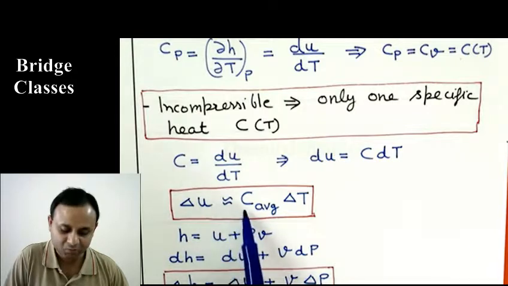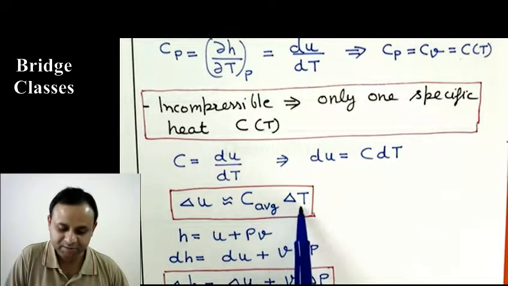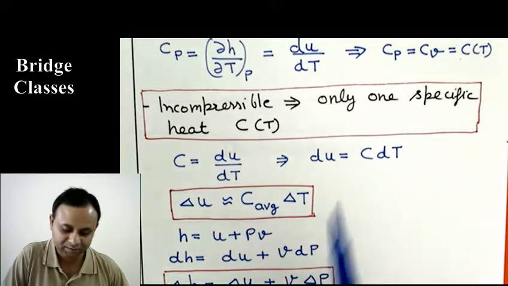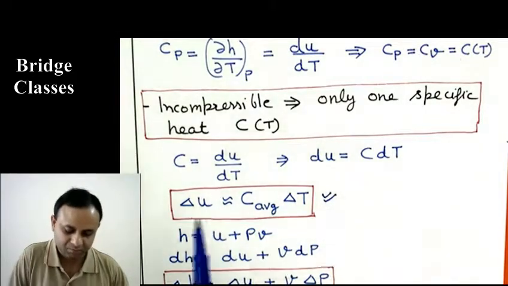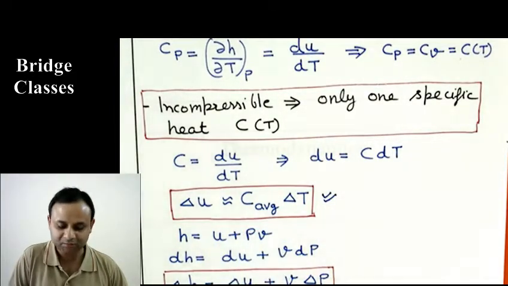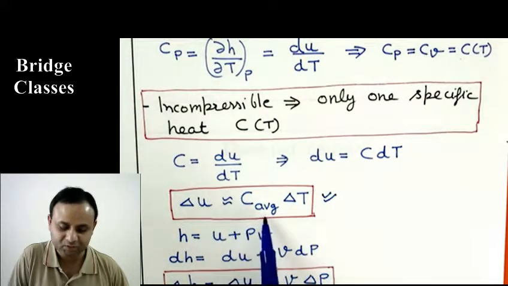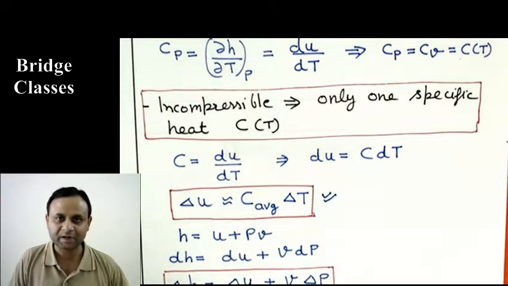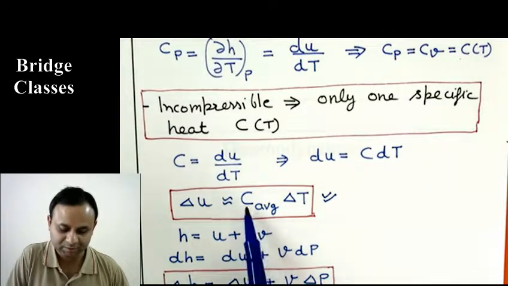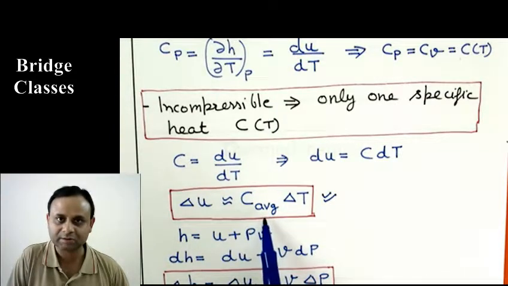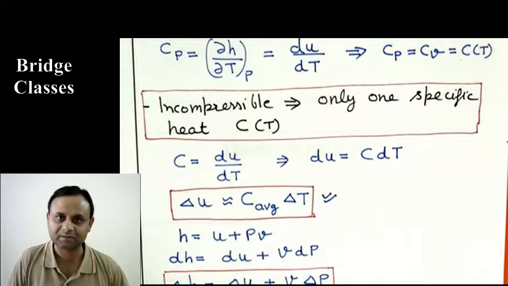So delta U becomes C average times delta T. We can use this expression for change in internal energy for an incompressible substance. It's very easy to use. We just need the value of C, and in the appendixes of various books, the values of C for various solids and liquids are given.